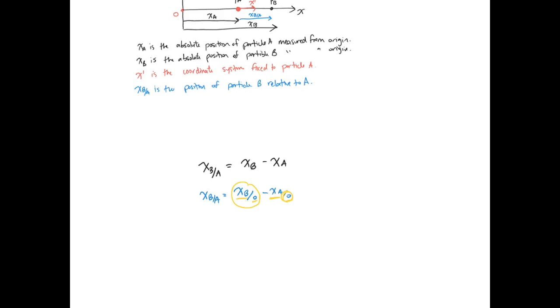If you're not sure which order to put, if you're wondering whether to say xb relative to a or xa relative to b, the position that you're looking at is always the numerator relative to the denominator. So I'll rewrite this for your reference.